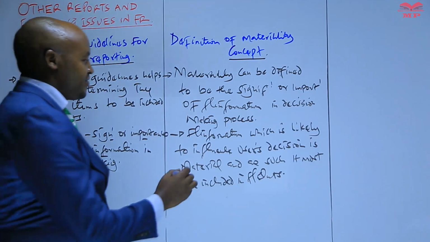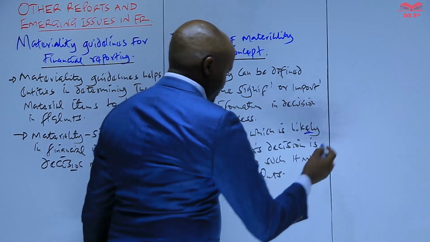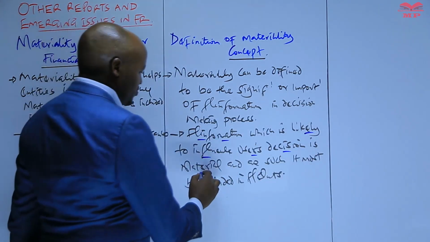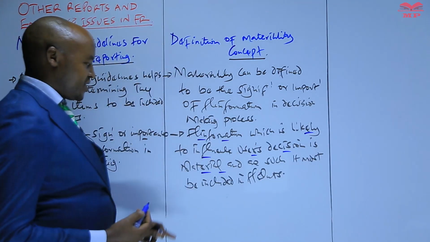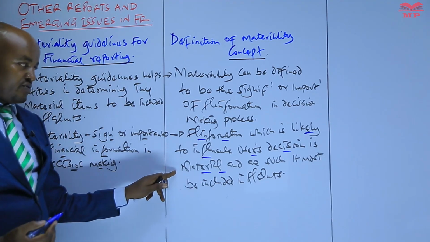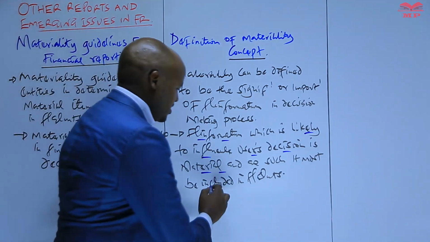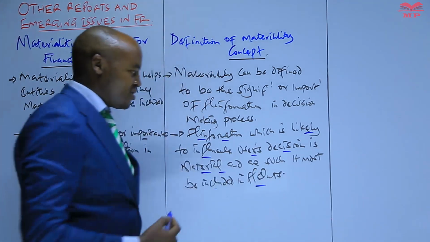That information which is likely to affect the decision made by the user is material. So anytime the company is preparing the financial statements, that information must be included there.